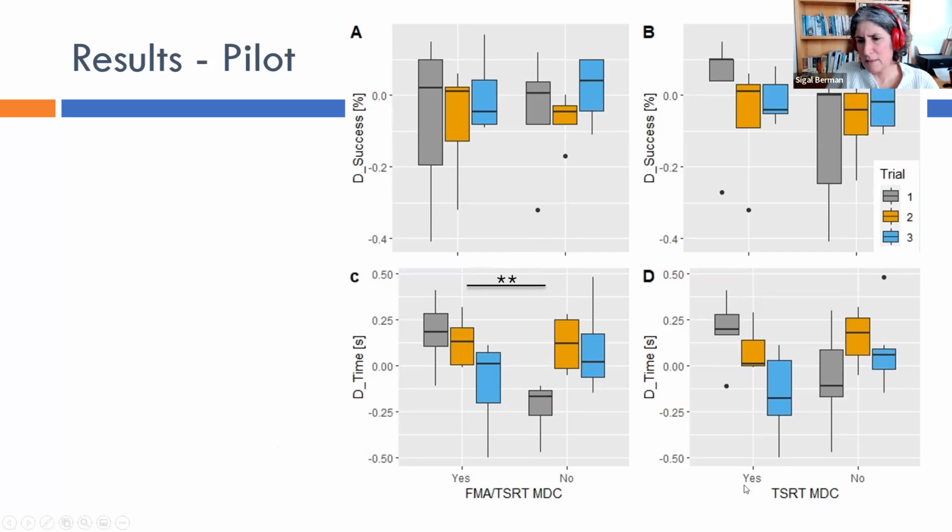Patients that did improve beyond the MDC, we saw that they started out with slowing down their movement in the initial training session. And we think that this is an indication that they were actually concentrating on the screen.